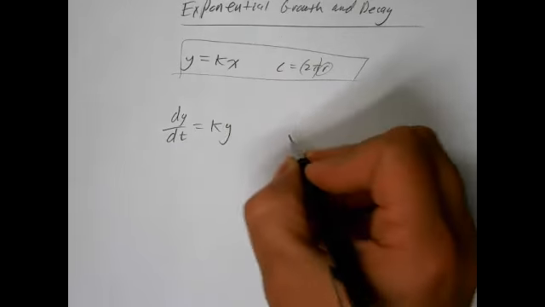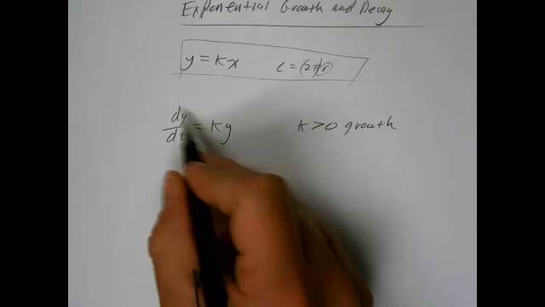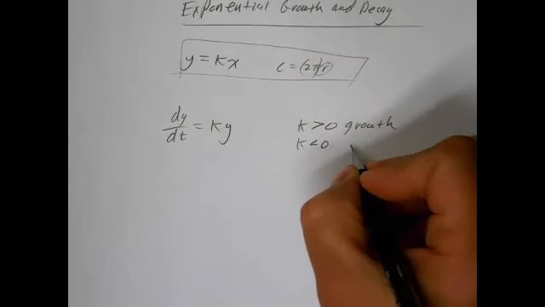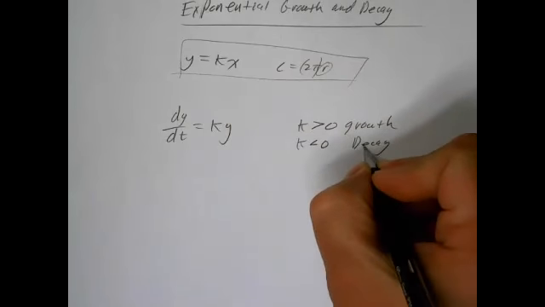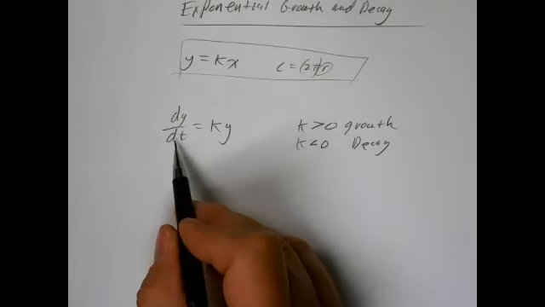In this scenario, if k is positive, you have growth, because that means that the rate of change, the slope, is positive. If k is negative, then you have decay, which means the rate of change is negative. The population is going down. And again, this can be applied to human populations, the number of bacteria in a petri dish.